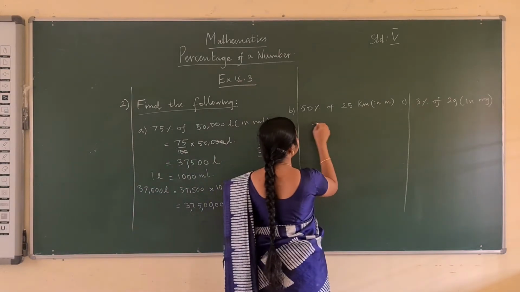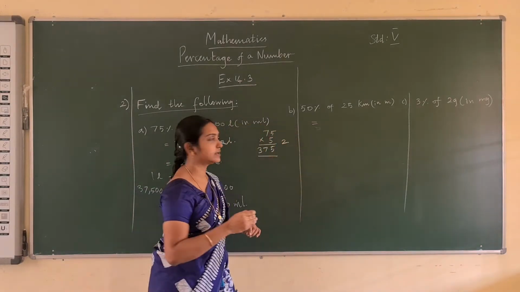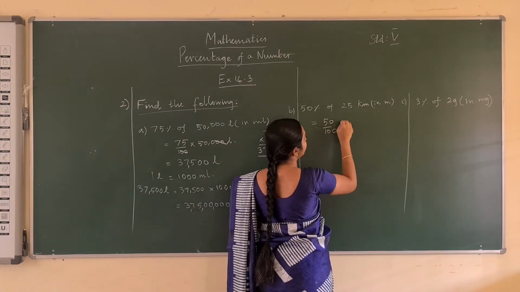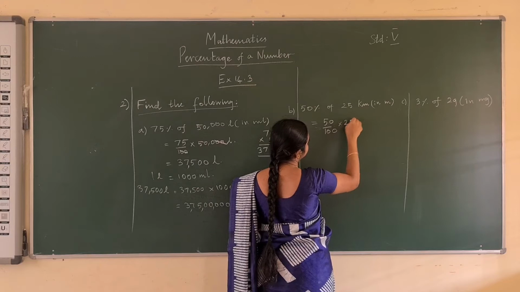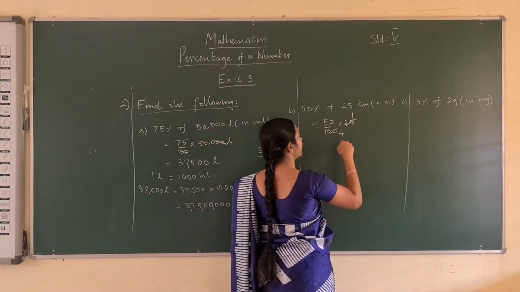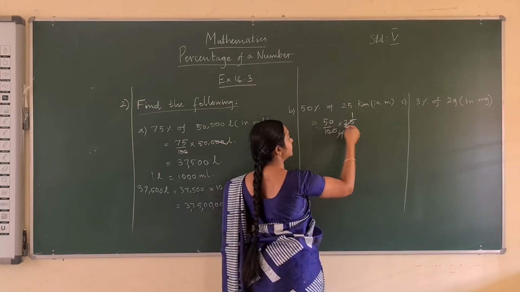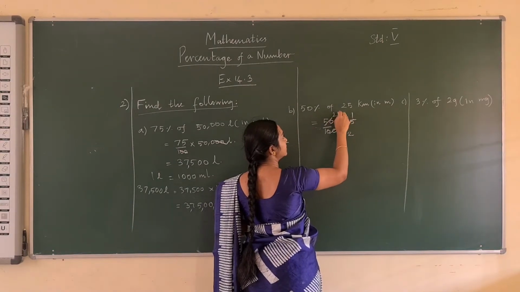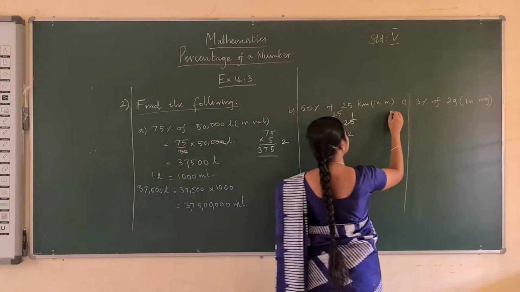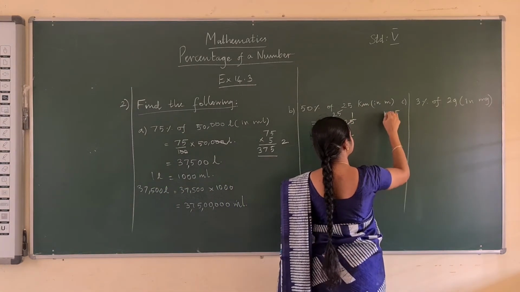Next, 50% of 25 kilometer. 50% means it is 50 by 100. We have to find it for 25 kilometer. 1 25 is 25, 4 25s are 100. Again simplify. 25 into 2 is 50. Now we have to divide 25 and 2.